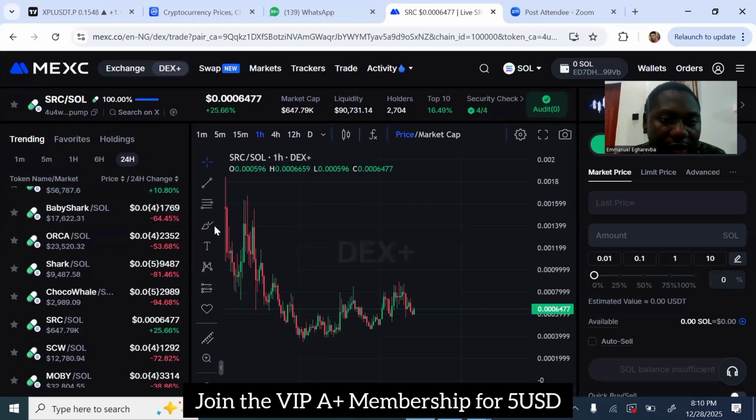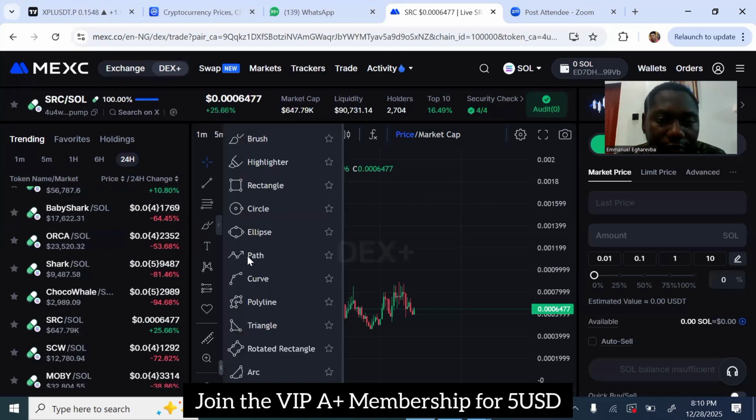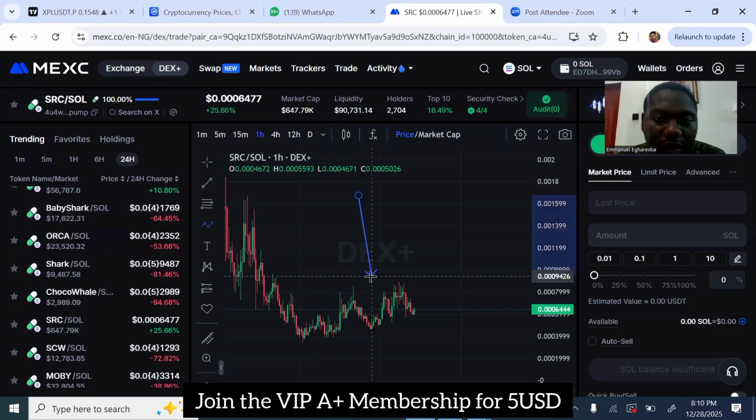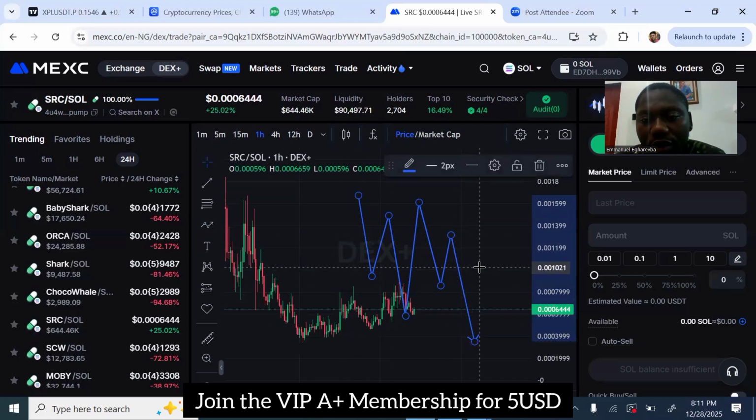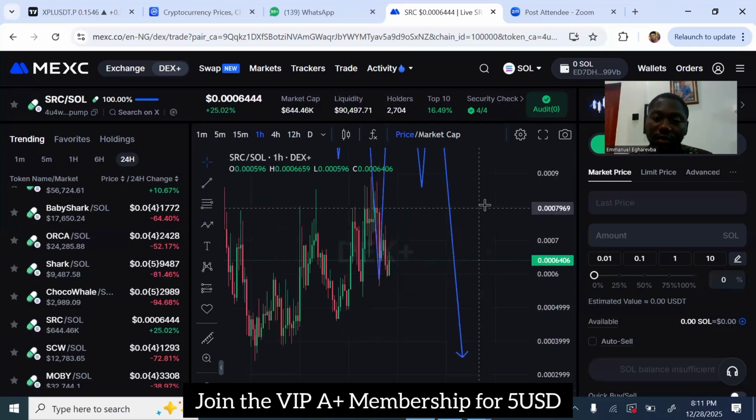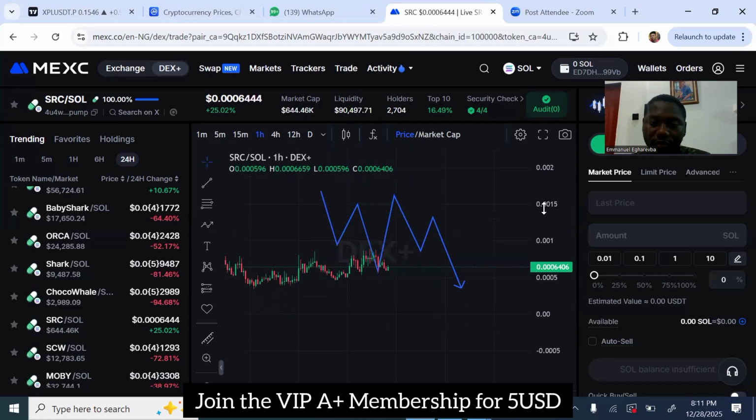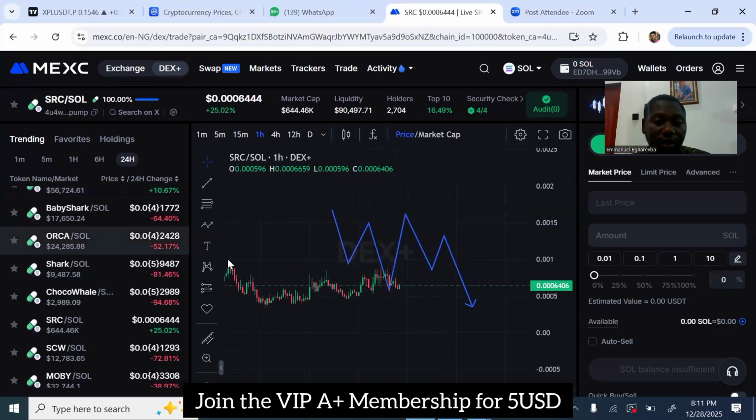Now, for a downtrend, this is what we may likely see. So assume price is moving like this. Price comes down. Price will come up, take liquidity, then begin to fall to the downside.